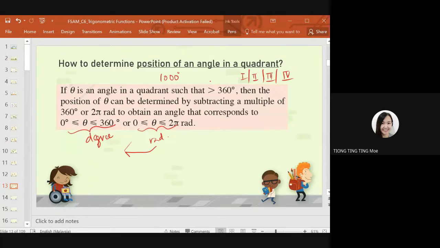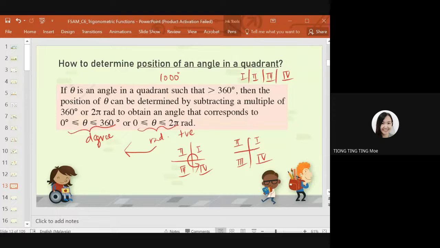Before we do this, one more thing to remember. This is your quadrant: 1, 2, 3, 4. The arrangement must be correct. For positive angles, it will move like this.